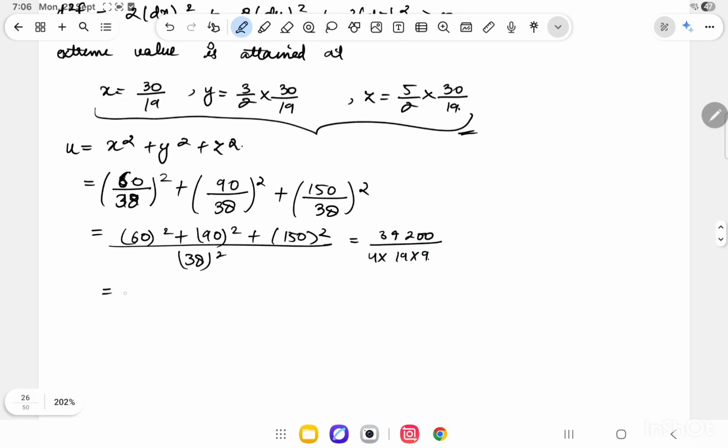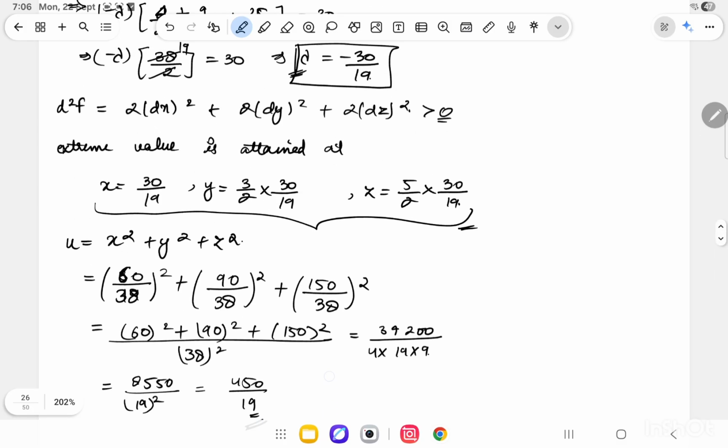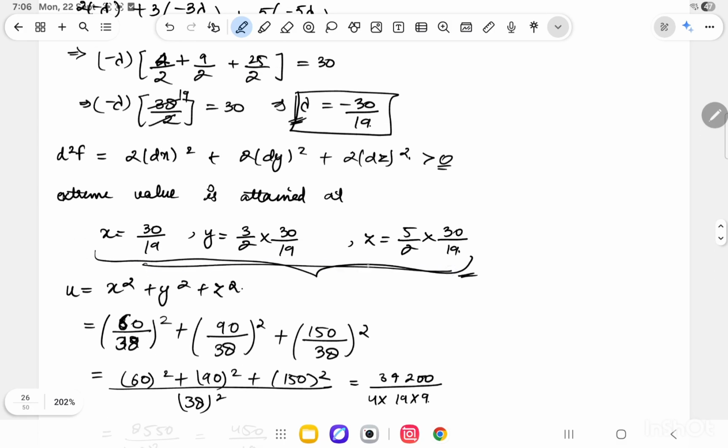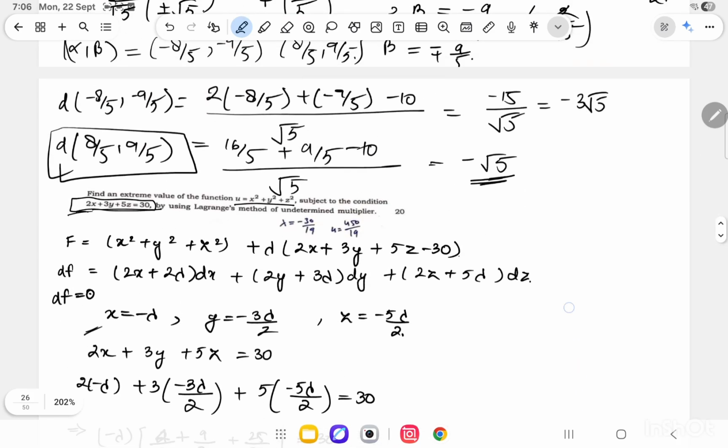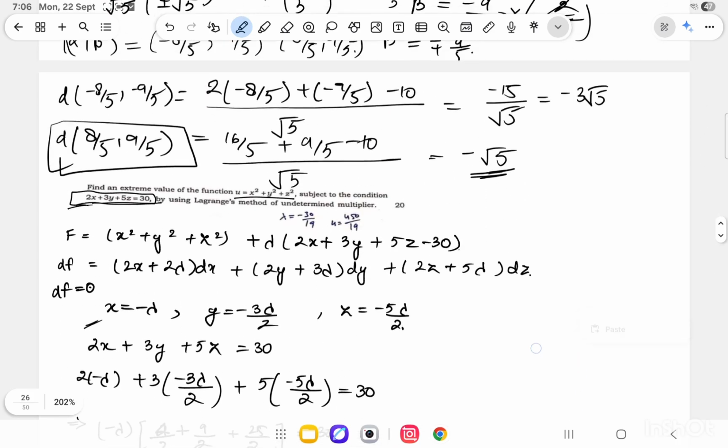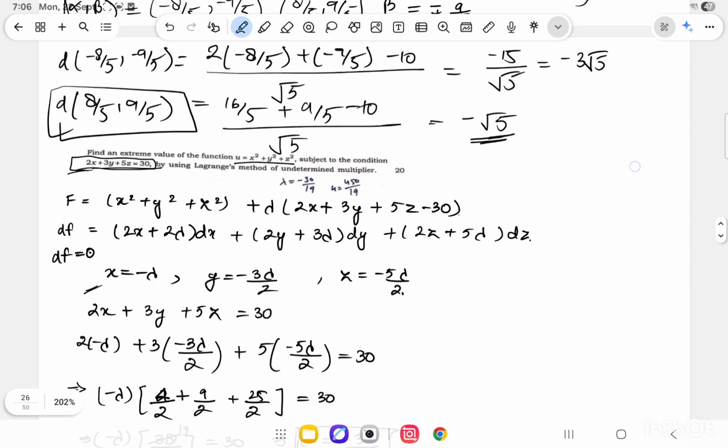If you divide it by 4, you will get 8550 divided by 19 square, and that further equals 450 divided by 19. So this is the extreme value of u, and it is attained at these values of x, y and z. So that's all we are supposed to find in this question.